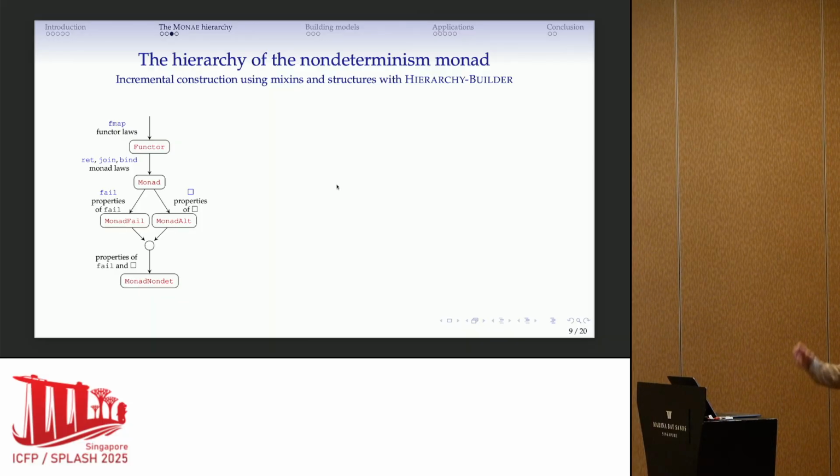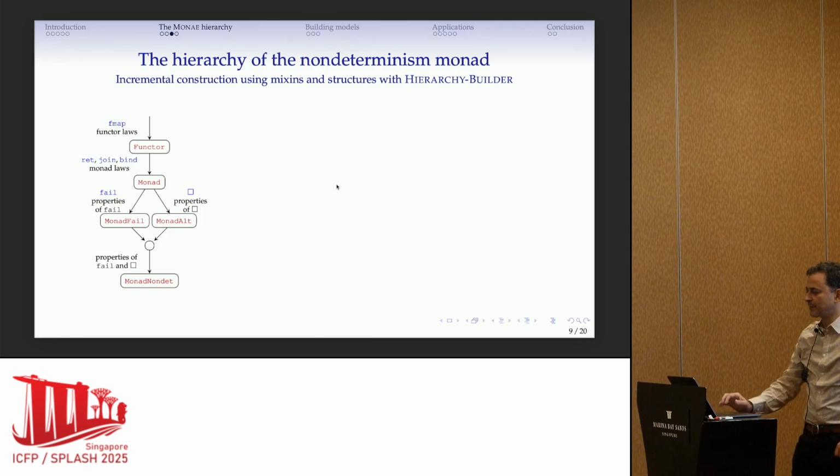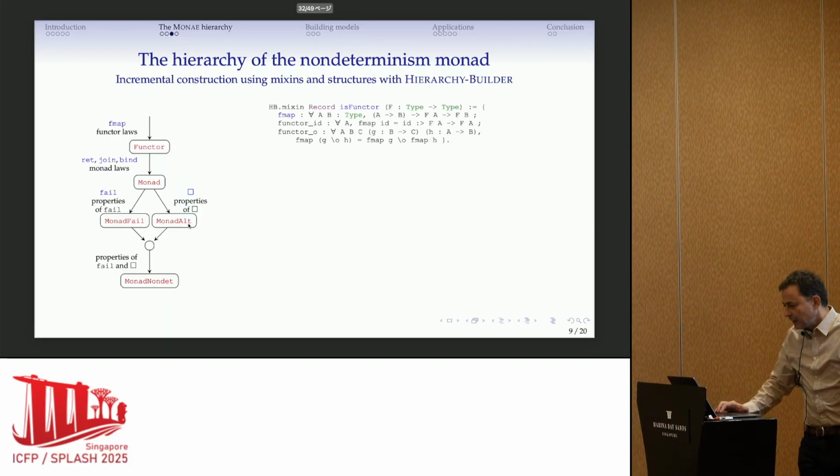Now, how are we going to build the hierarchy itself? Let's see just a small example with the hierarchy of the nondeterminism monad, which combines failure and alternation, multiple possibilities. At the beginning, we first need to define what a monad is. And we define a monad from a functor.